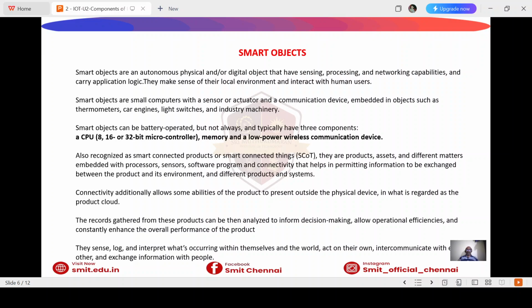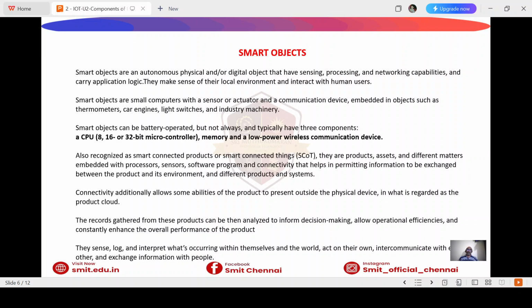This connectivity additionally allows some abilities of the product to exist outside the physical device, which is regarded as a product cloud. The records gathered from these products can then be analyzed to make informed decisions, allow operational efficiencies, and constantly enhance the overall performance of the product.